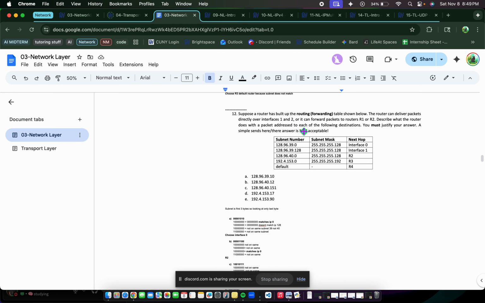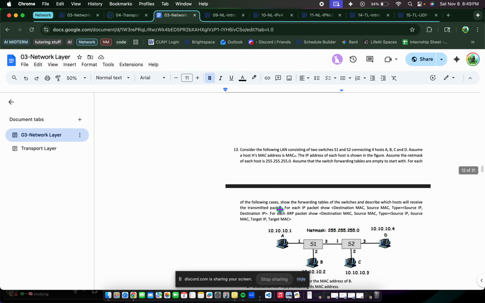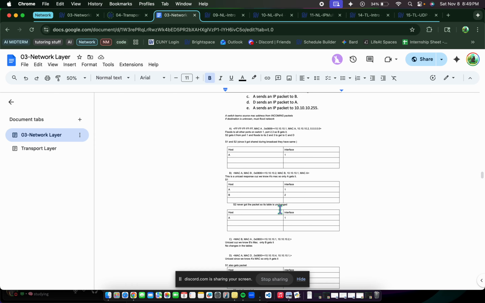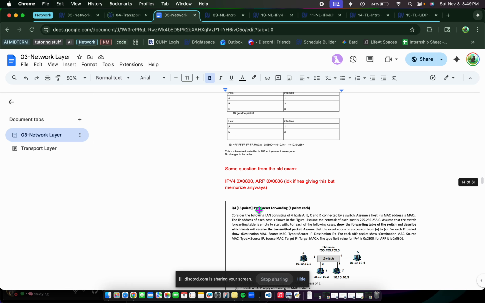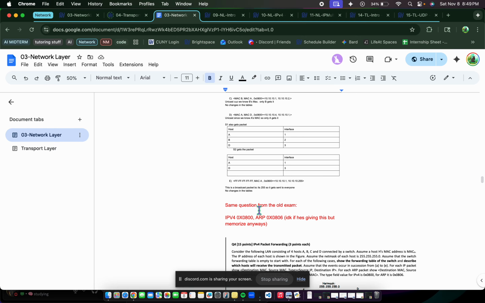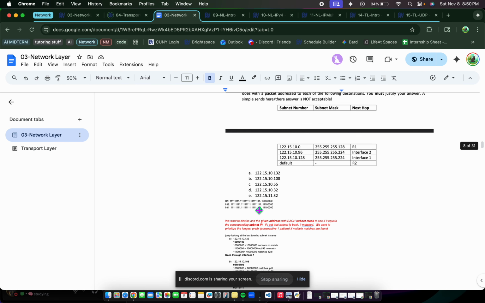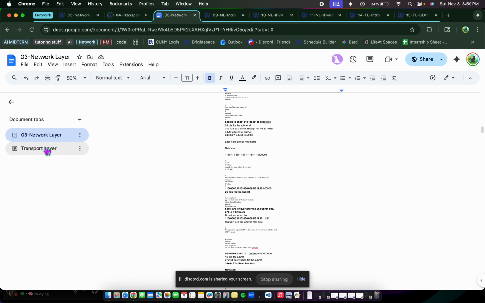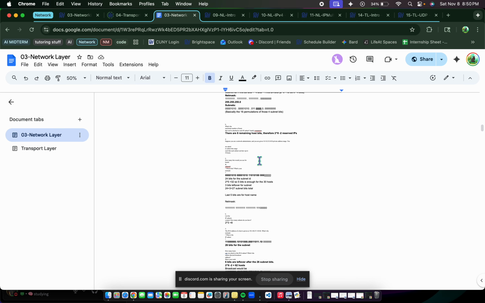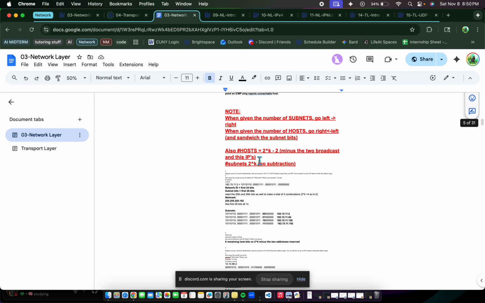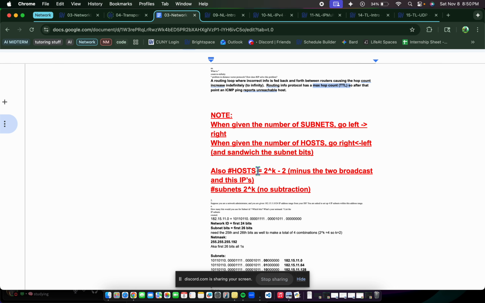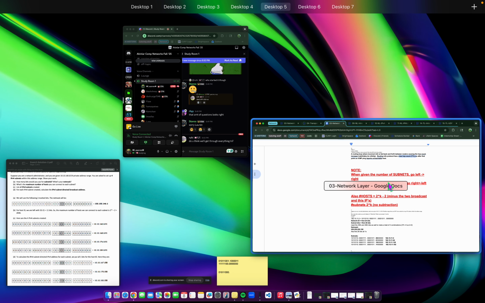And then probably these tables too would be good to get to. So maybe let's get to about question 13. I think that's probably the midway point in a way, because the transport layer stuff, there's literally not that much. So really this is the bulk of things. So anyway, let's get started with that.